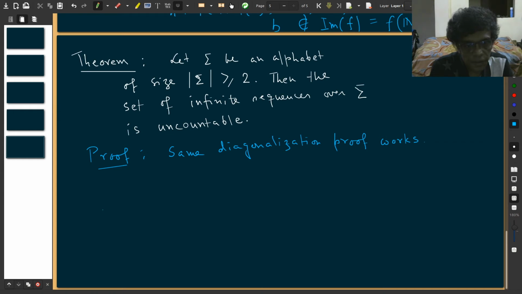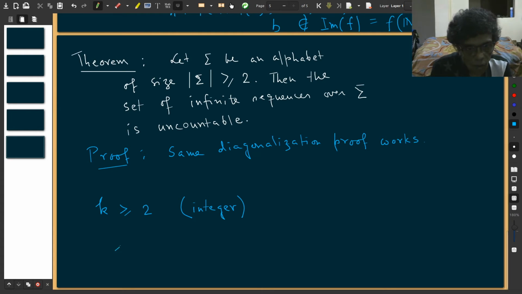The implication for this is that if we take any k greater than or equal to 2, an integer, which is the size of this alphabet sigma. So, in the first position, there are k possibilities. Second position, there are k possibilities. Third position, there are k possibilities.